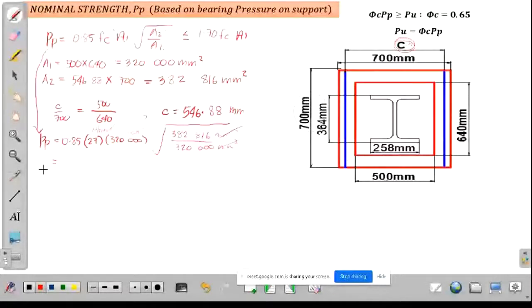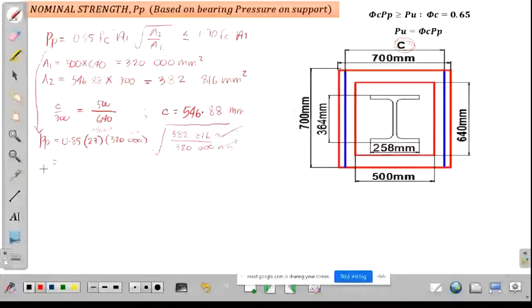So, ano yung values natin dito? Yung PP. Paki-check na kung tama yung calculation ko. 536.72 Newton.